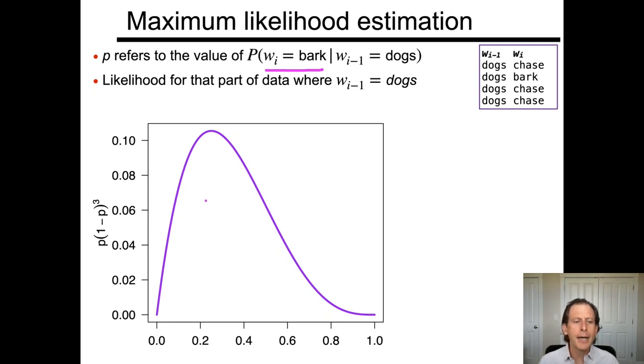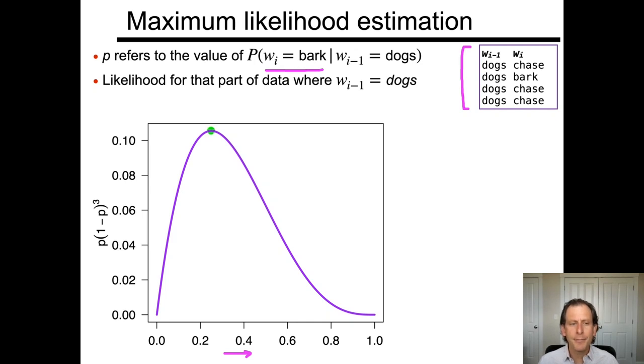This is the relevant part of my data, the part where the previous word was dogs. On the x-axis I have p, and on the y-axis I have the likelihood of the data in the box, which, as I said before, is p times (1 minus p) cubed. And that is the curve I've shown here.